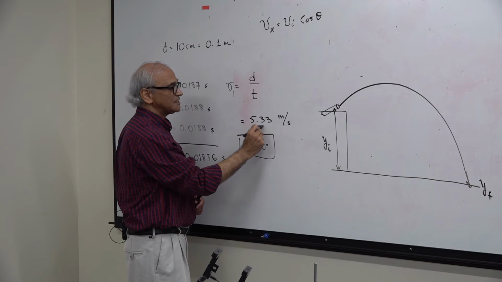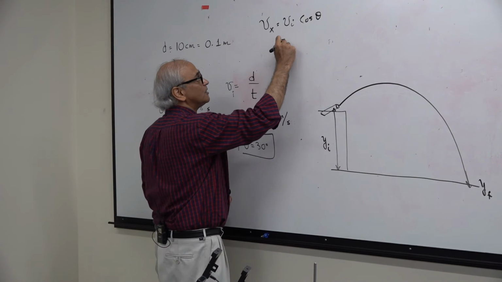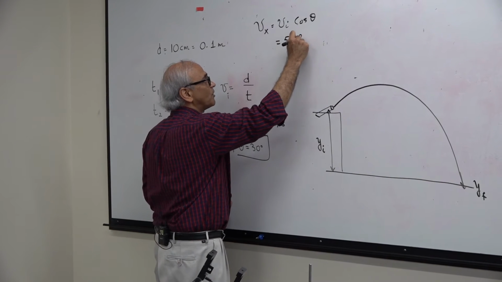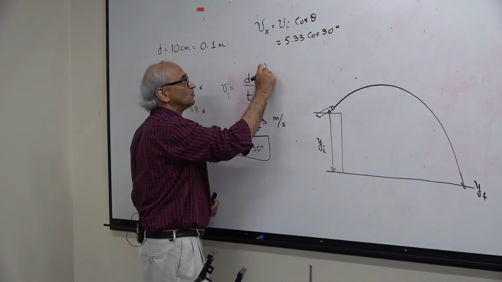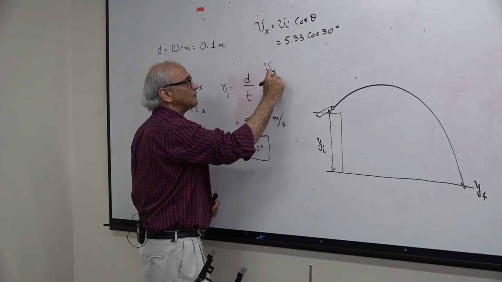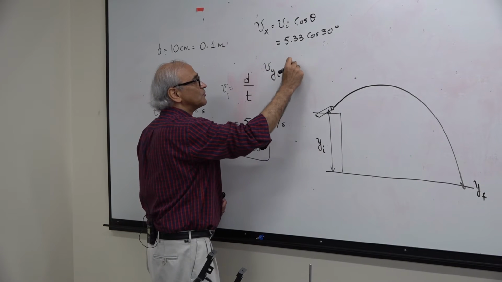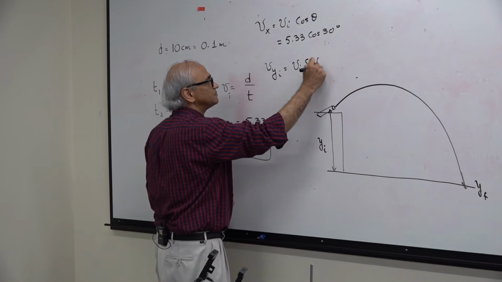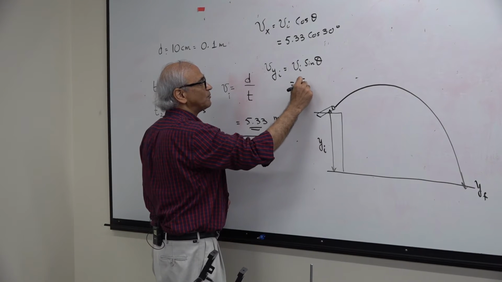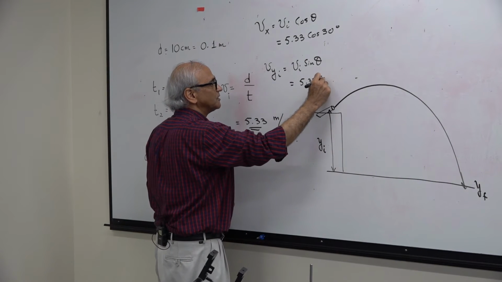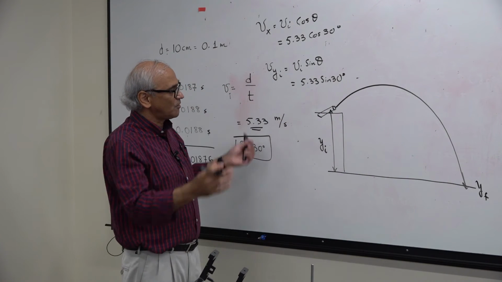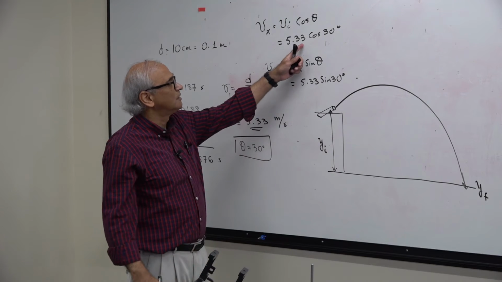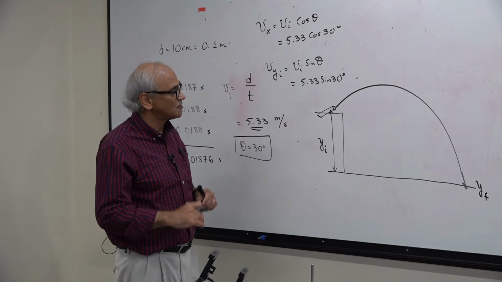Your Vi is this, plug that in there. So it will be 5.33 cosine of 30, whatever it is. I will let you calculate that. And Vy initial will be Vi sine theta, and it will be 5.33 sine of 30. Now remember that this one will be changing throughout the course of the flight, but this one will be constant.